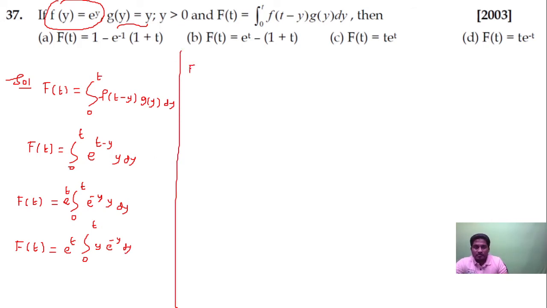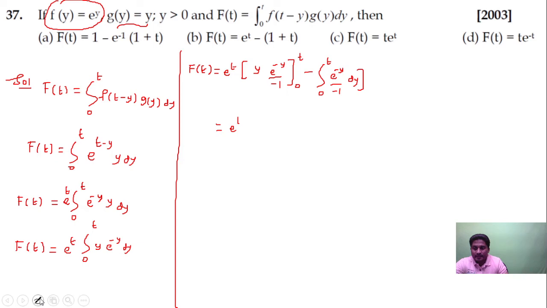Now f(t) is equal to e to the power of t. First function is y. Integration of e power minus y is e power minus y by minus 1, between the limits 0 to t. Minus integral of the second, e to the power of minus y by minus 1, times the differentiation of y, which is 1, so dy.